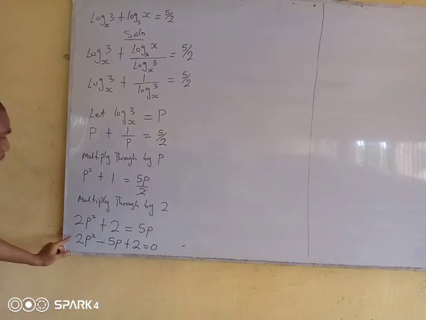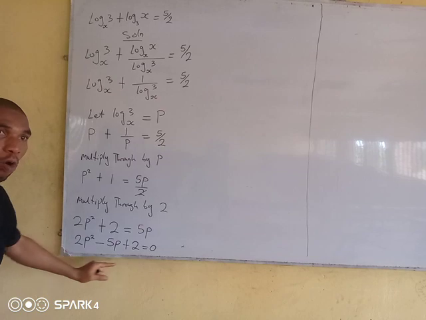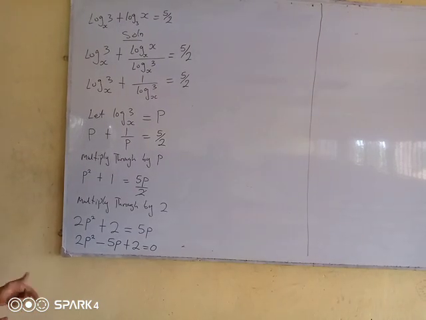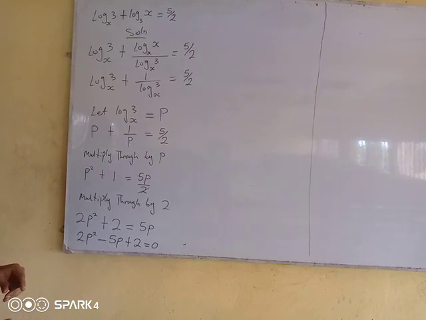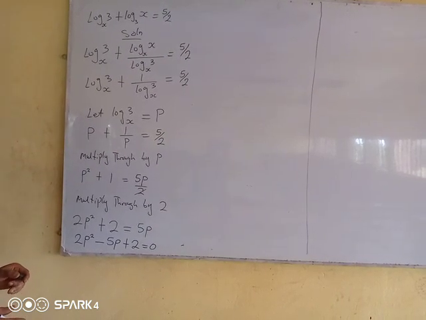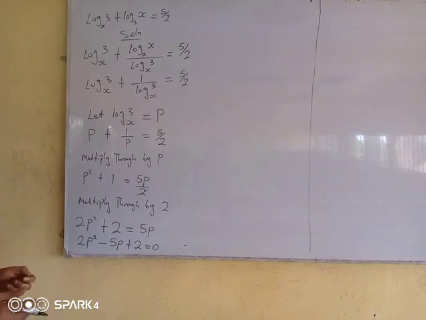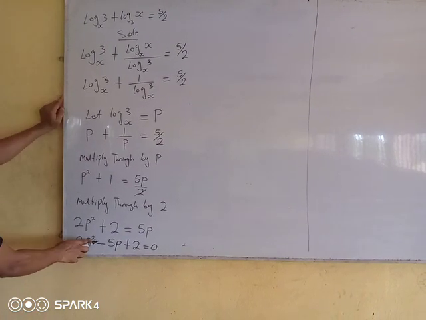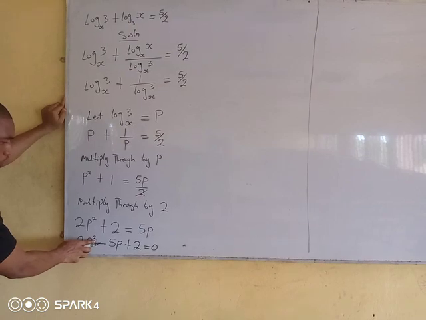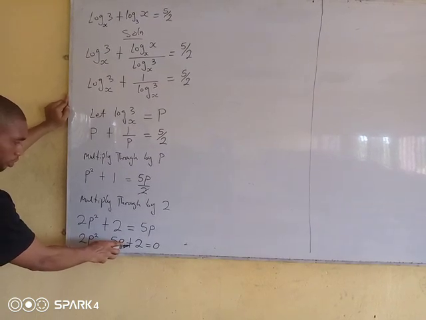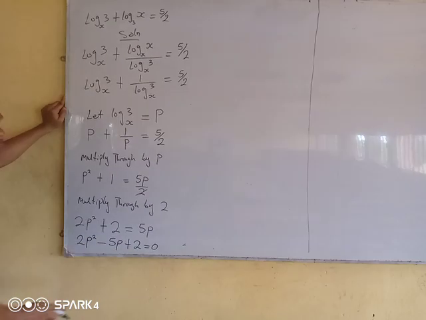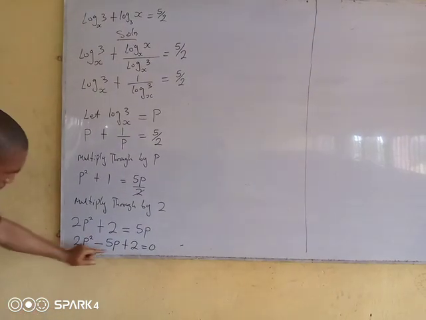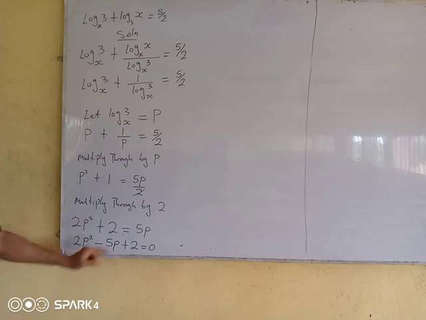Now, this is the general form of a quadratic equation, which is ax squared plus bx plus c equal to 0, where a, b, and c are constants, and the highest power of x there is 2. The highest power of the first term here is 2, the power of the second variable, which is p, is 1, and this is the constant. Now, we solve this quadratic equation.